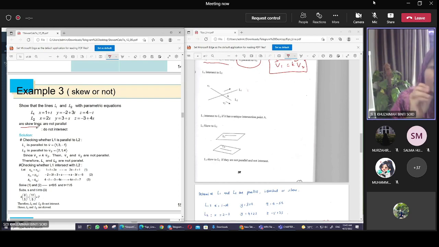Dia nampak macam from the top, we see that it is intersect. But when we go here, and then dia shift, dia tidak bersentuh. Itulah namanya skew. Skew ni dia bukan parallel. Skew dia nampak intersect, tapi it never touch each other. Nampak tak ni?